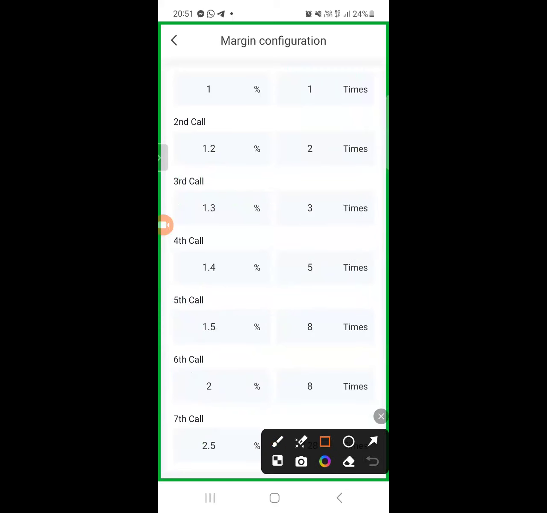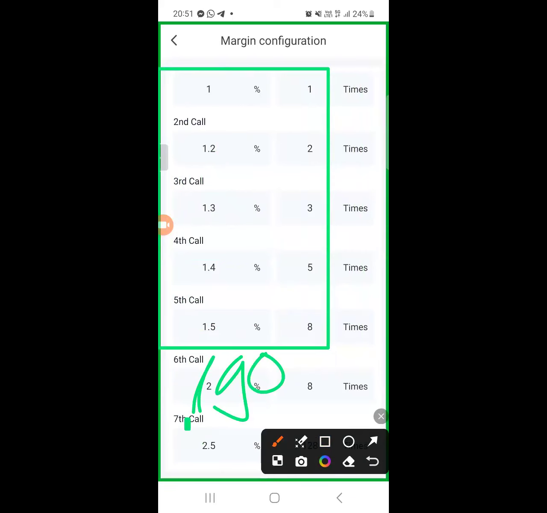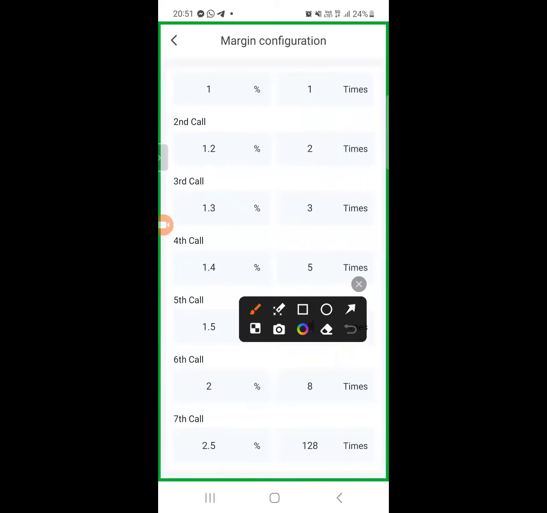So from this part, which is the first call, to the fifth call is going to give you $190. So let's say you have 200, then $190. Your money will remain how much?